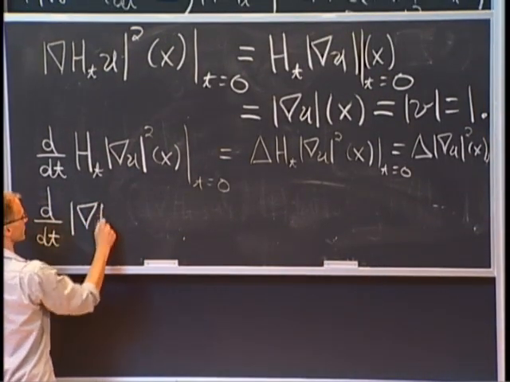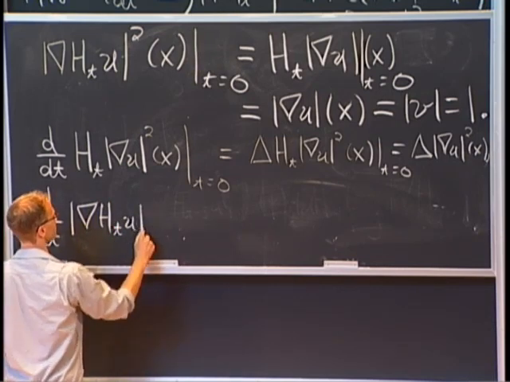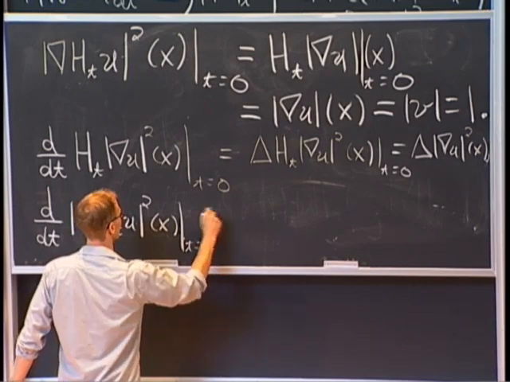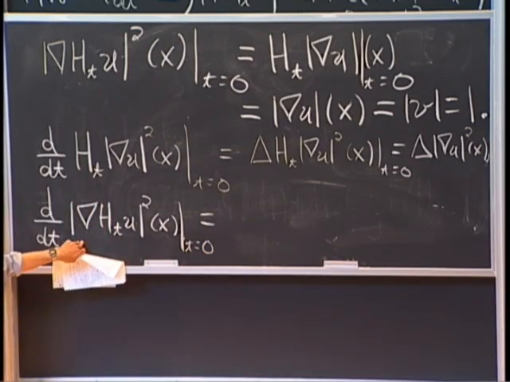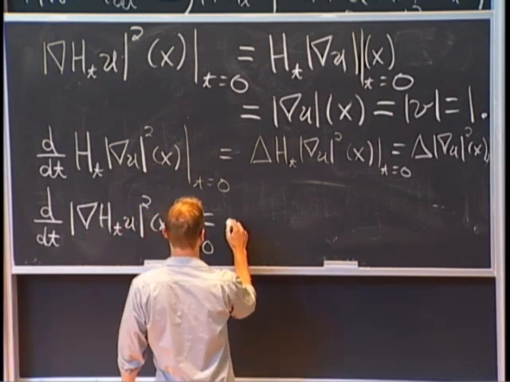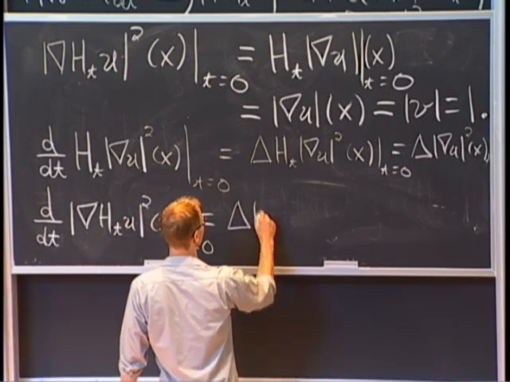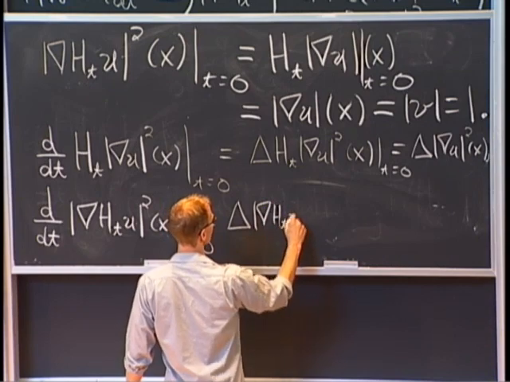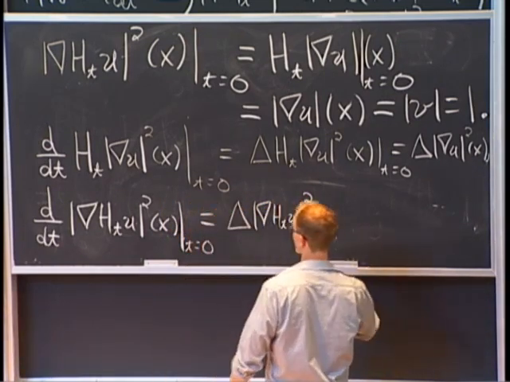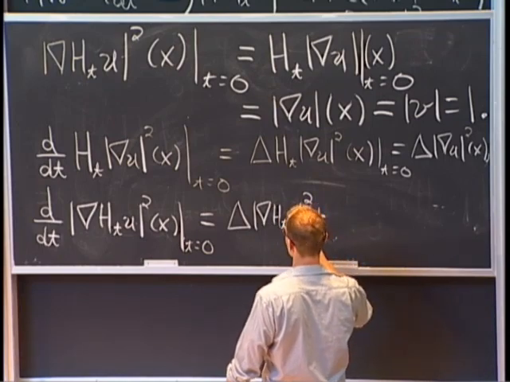The same computation over here. Well, now we have to use Bochner's formula for this thing. So Bochner's formula tells us that this is equal to the Laplacian of the gradient of h sub t u squared plus, is this a minus sign now? Make sure I don't miss this.